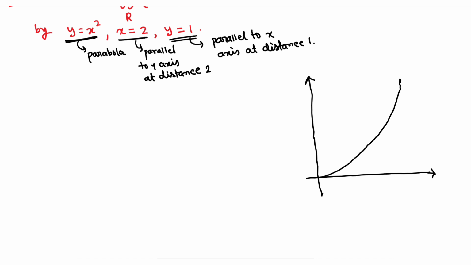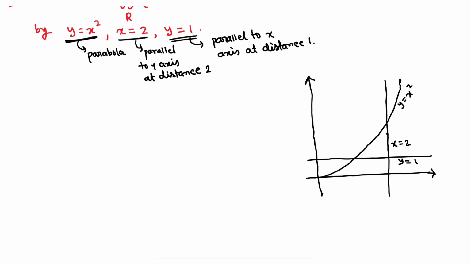So let's say this one. This is x equals 2 and this one is y equals x square. Okay, and the last one is y equals 1. Y equals 1 means a straight line parallel to x axis at a distance 1. This curve is y equals 1.